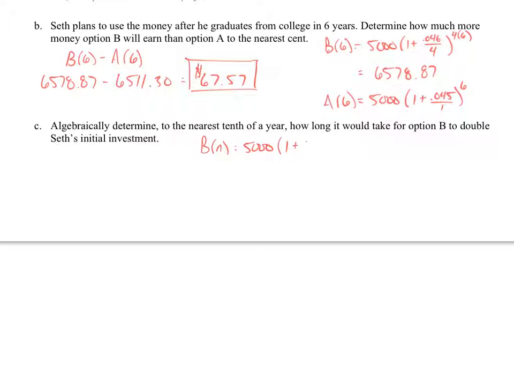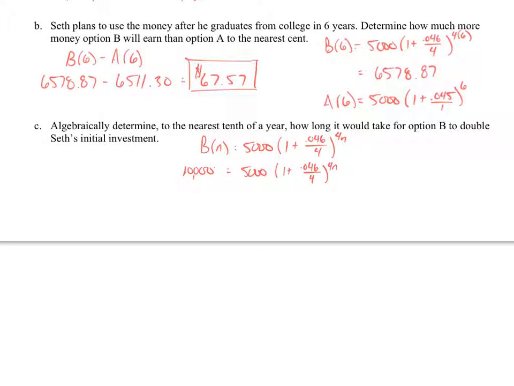We still have 0.046 over 4 to the 4 times n. We're going to solve for n.